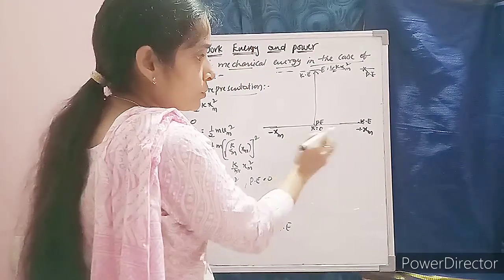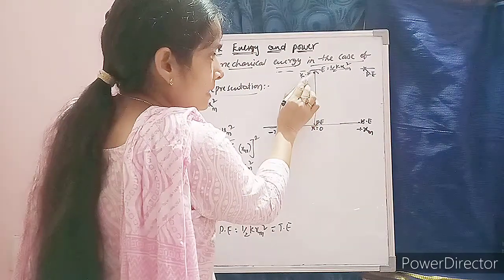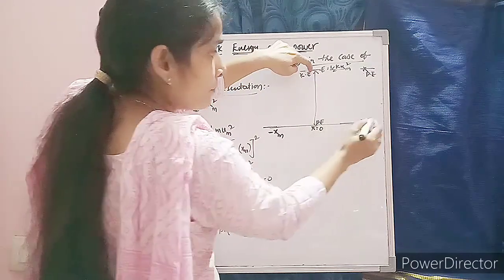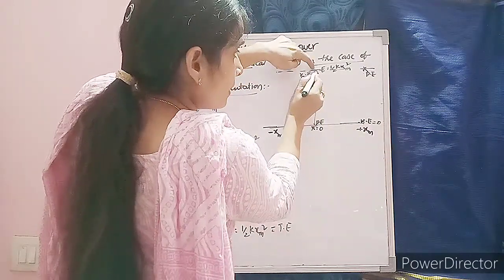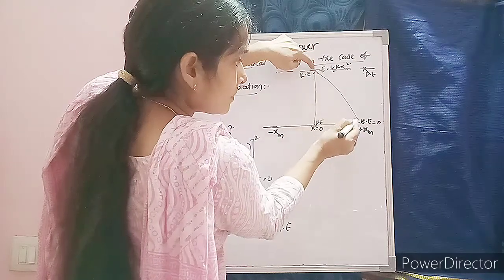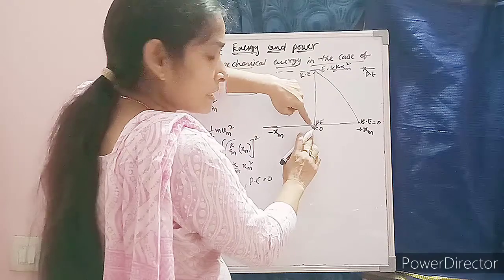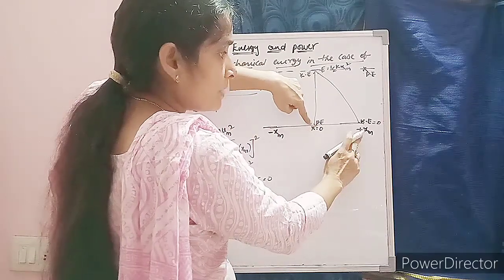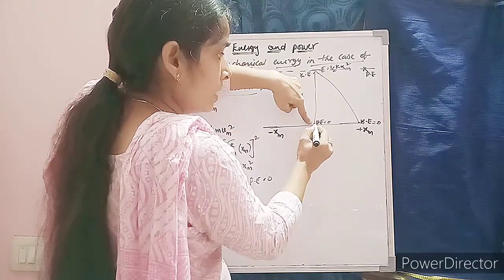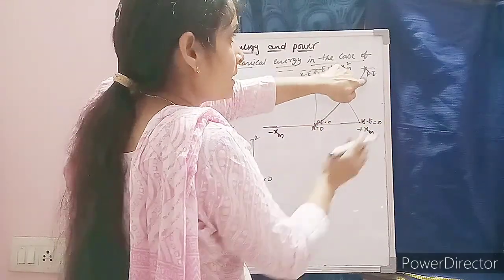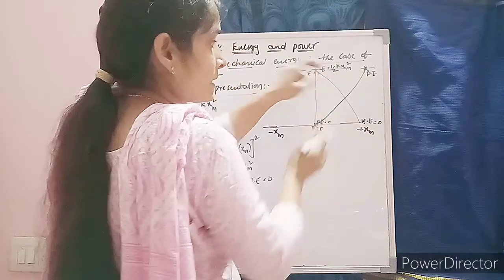From x is equal to 0 to x plus xm, kinetic energy goes from maximum to minimum, and kinetic energy is 0 here. Similarly, when the block is moved from x is equal to 0 to plus xm, potential energy is 0 and reaches the maximum value, that is half into k xm square.